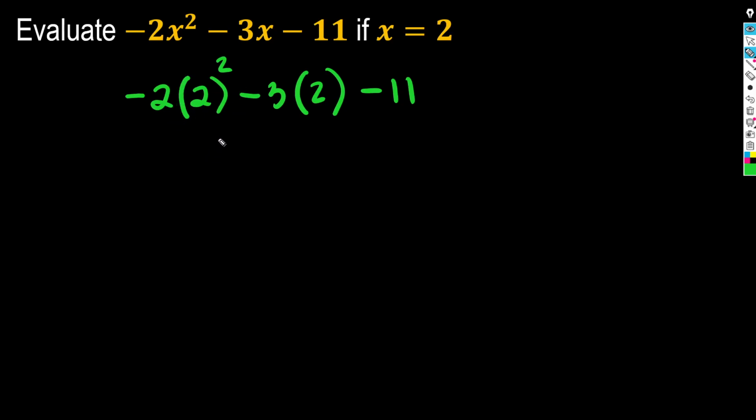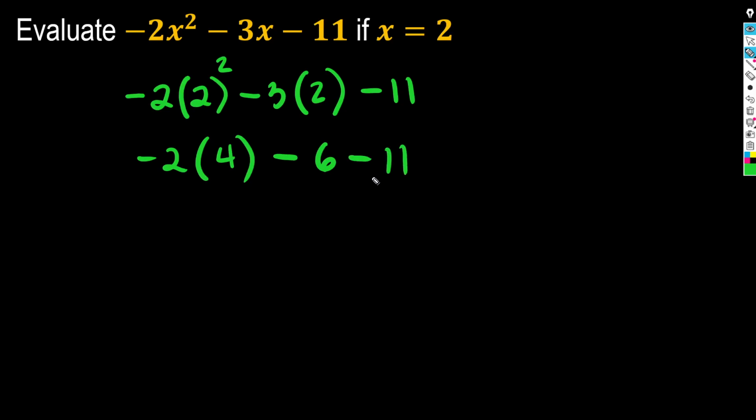And by virtue of PEMDAS, I need to square 2 first. So what I do is, I still have my minus 2 in front times the square of 2, which is 4. And then I can already execute the multiplication here. That's a negative 3 times 2. That's a minus 6 minus 11.